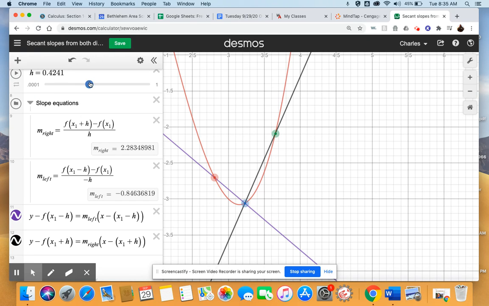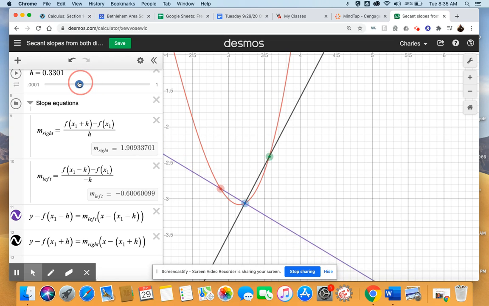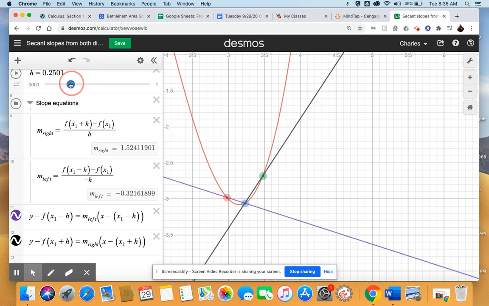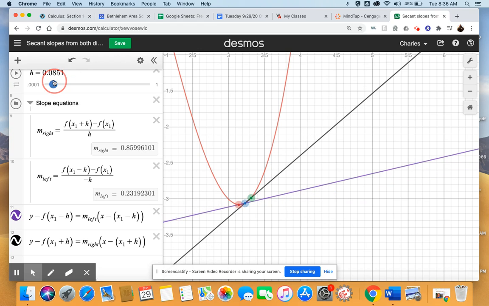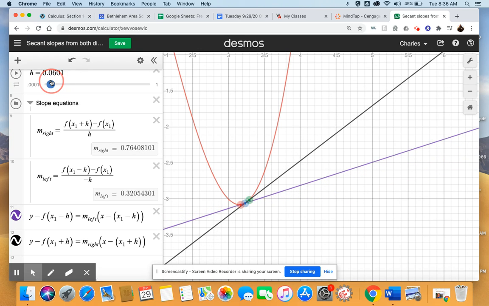And again, watch what happens to those two lines as I drag this x difference smaller and smaller, and bring those points closer and closer. What happens to those lines?